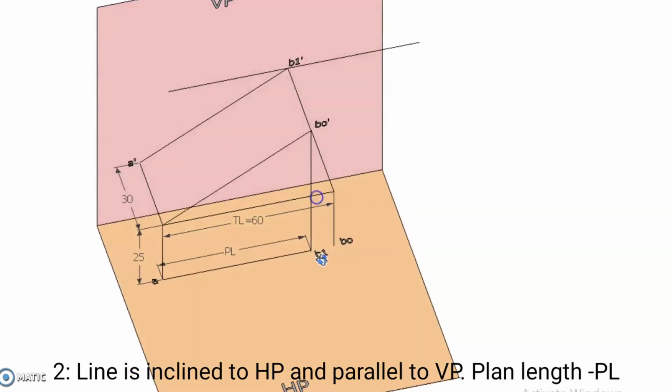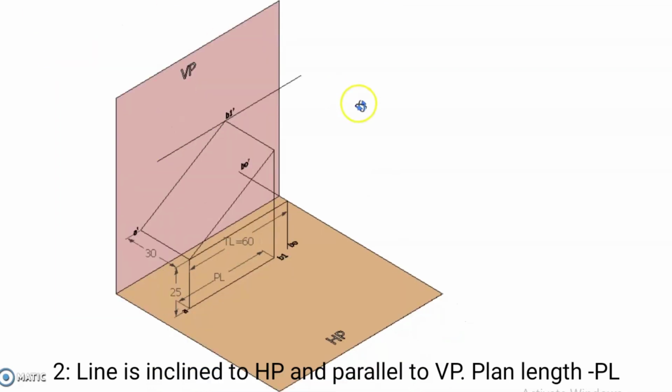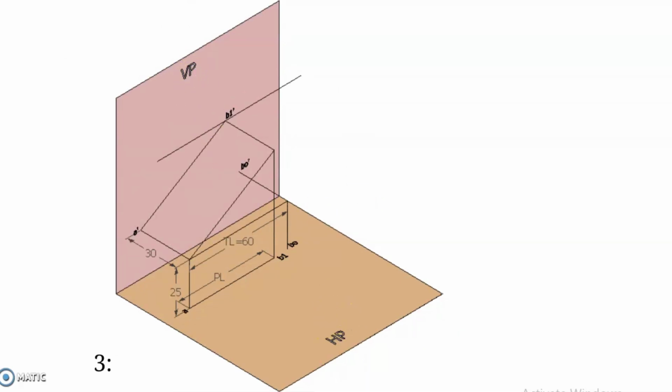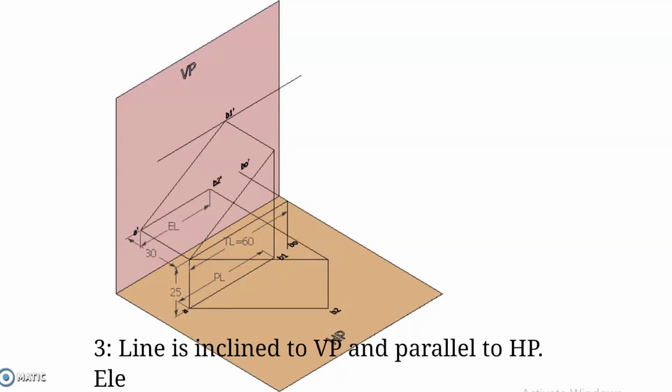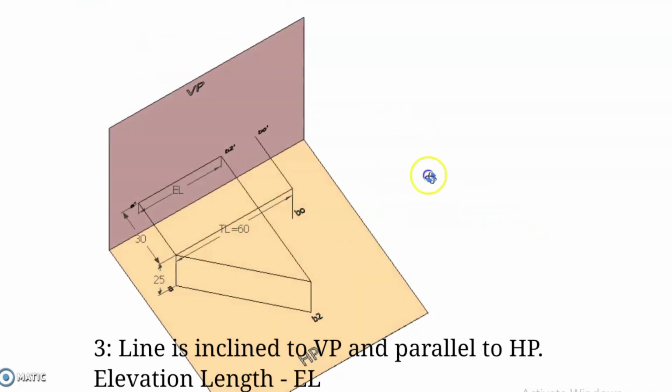Now consider the third stage, where we have to incline the line to VP and it should be parallel to HP. This is the line of 60 millimeter length which is inclined to VP and parallel to HP. It is inclined to VP by a given angle phi. Then its front view and top view: its top view appears like this one.